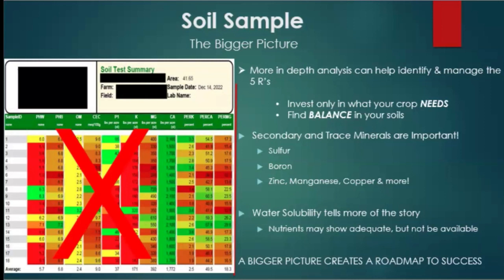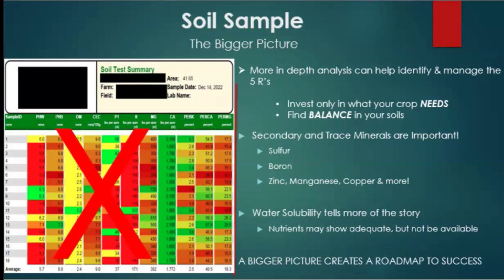Oftentimes what I see, and this is multiple different co-ops, different counties, different states even, the commonality is they're only going to pull the nutrients for what they sell, right? If they're going to spread MAP or DAP or whatever the case is, they generally pull the 3 macros, N, P and K. A lot of times you'll have your CECs. And sometimes you will have some traces and things like that.